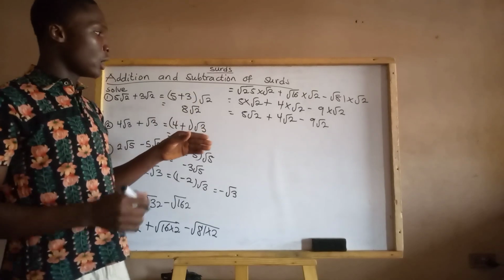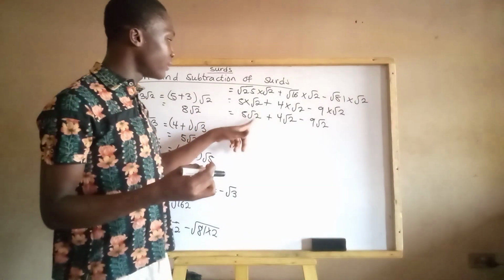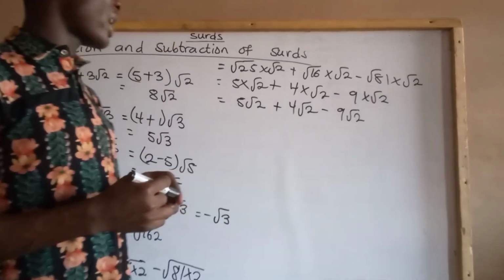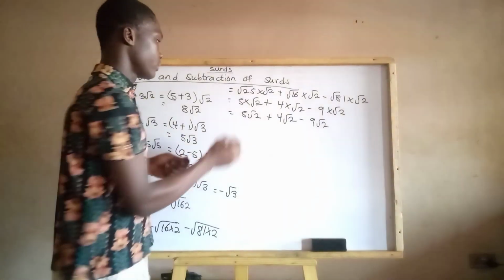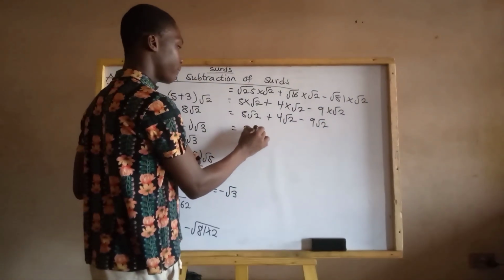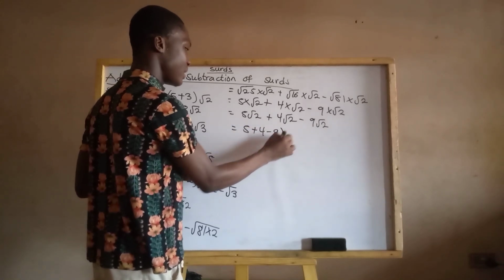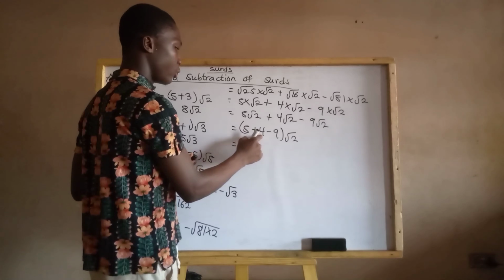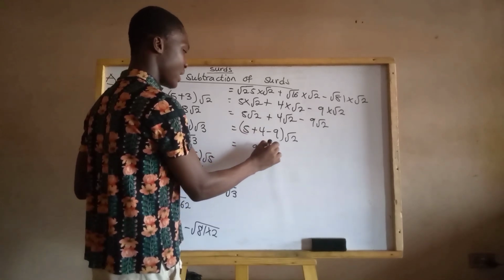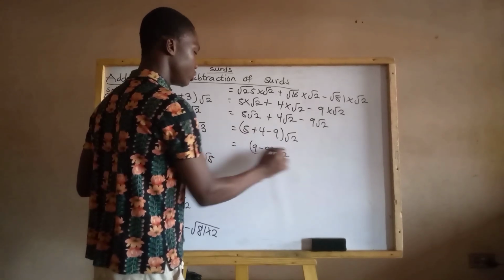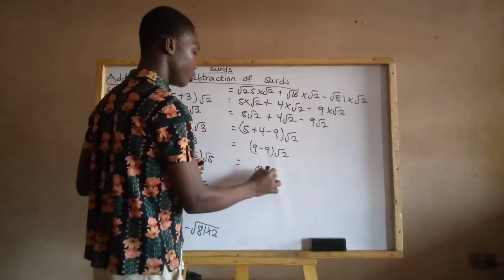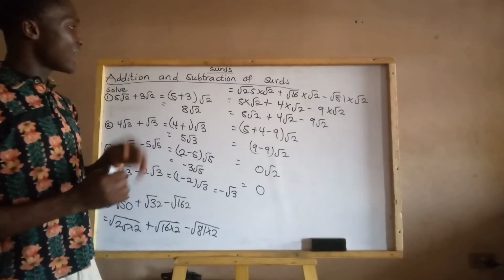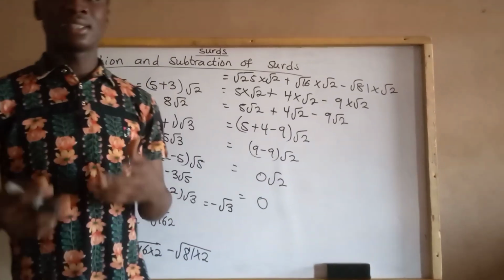Now from here we can clearly see that we have a common root. You have root 2, root 2, root 2. Hence we can perform this operation. So we have 5 plus 4 minus 9 root 2. 5 plus 4 gives 9, minus 9 root 2. Now we have 0 root 2 giving us 0. So for this question our final answer is 0.